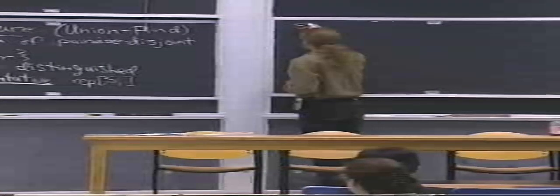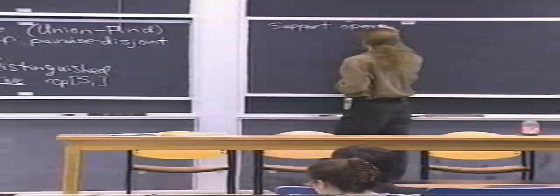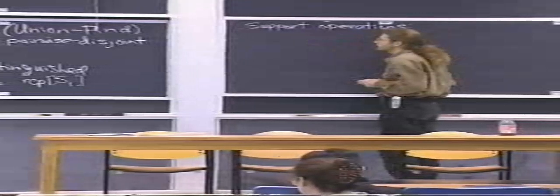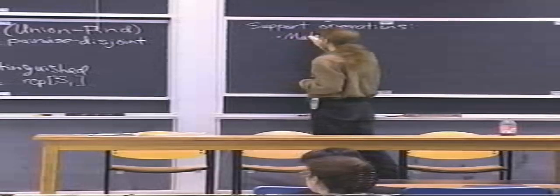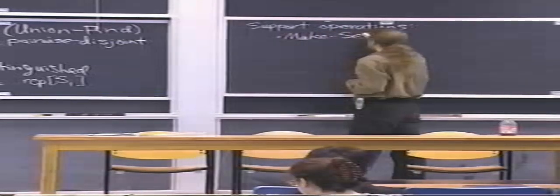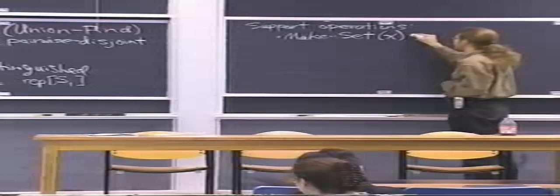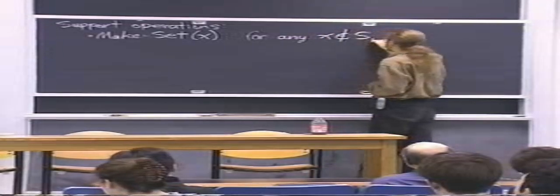Okay, so now we want to support some operations. Simplest operation is sort of insertion. Maybe I want to make a new set with some element x. Okay, so it better be a new element. So I want my x to not be in any of the current S_i's.